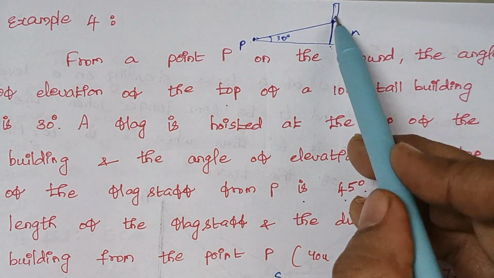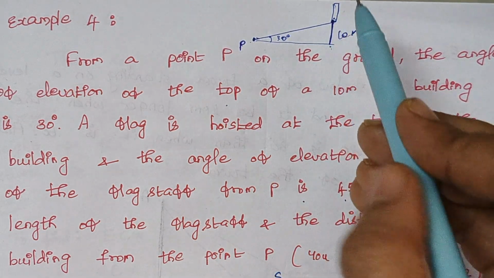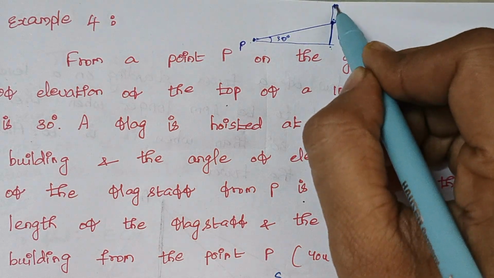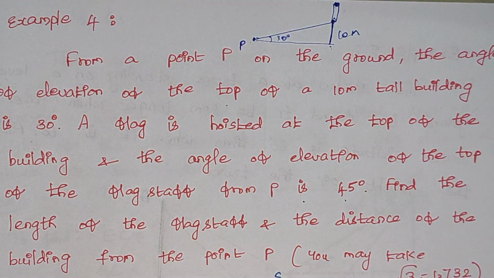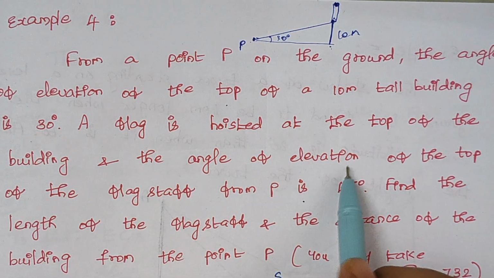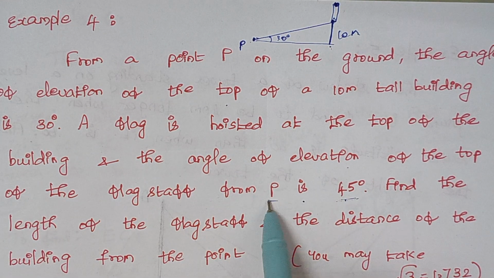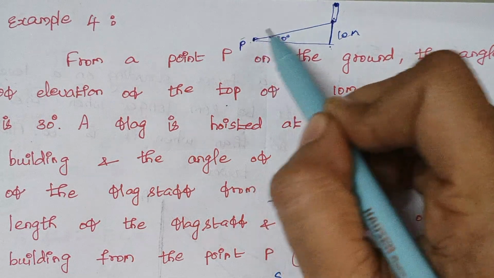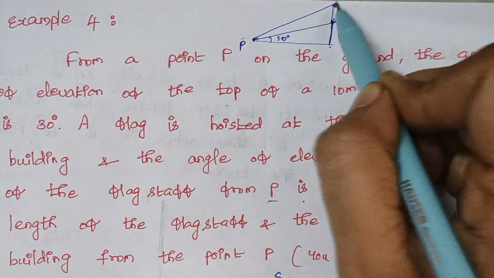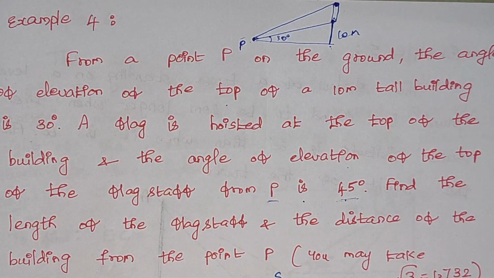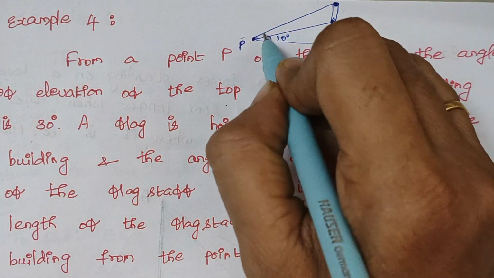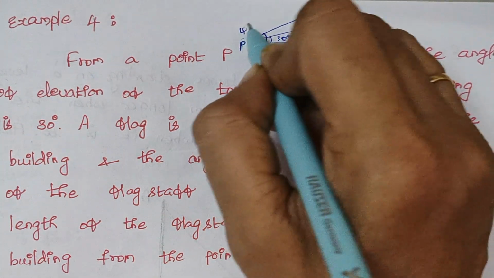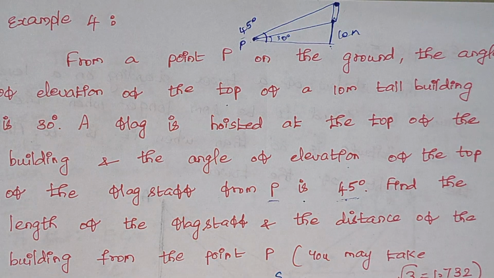Now there is a flag on the top and you are looking at the top of the flag, and for that the angle of elevation from the point P is 45 degrees.